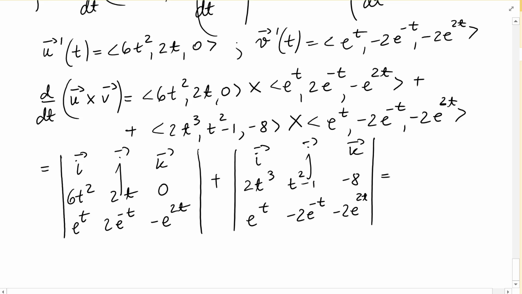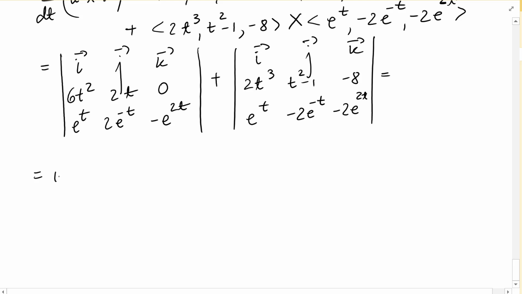So we get, if we cross out the row and column of i, we end up with negative 2t e to 2t, and then minus 0.